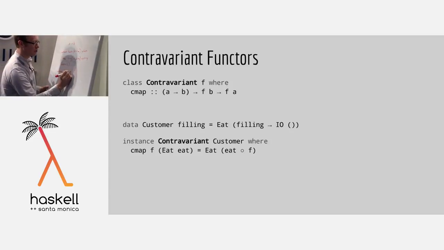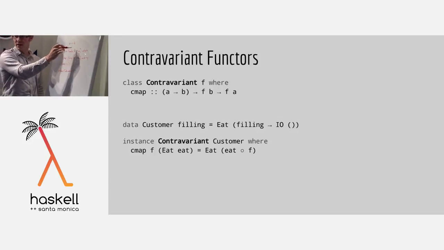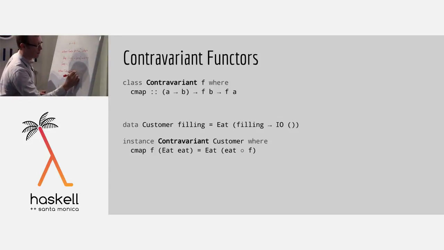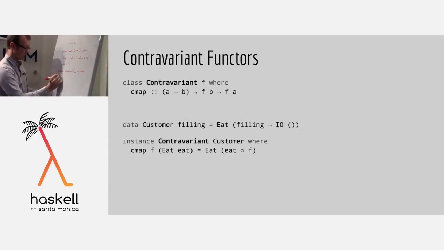So let's say we want to write a contravariant instance. But now my claim is that it's contravariant in this piece, right? So let's write out the signature again. We had cmap, and we needed an A to a B, and then a C of B. Alpha renaming in my head is not working.